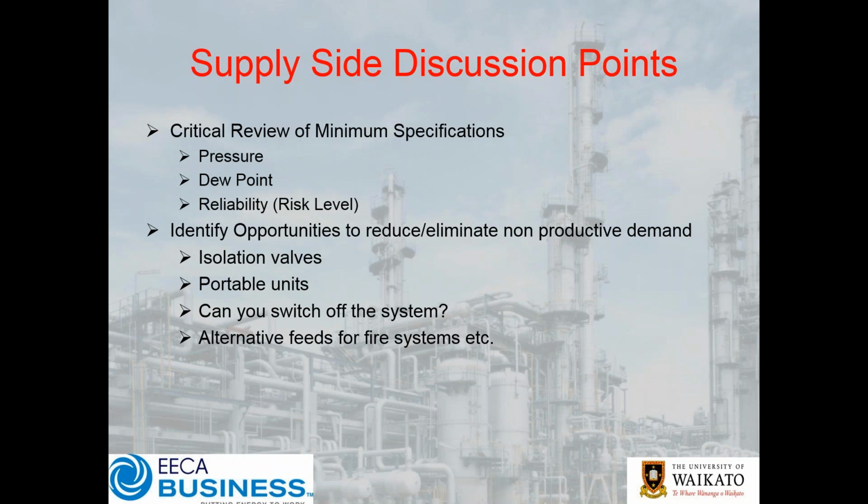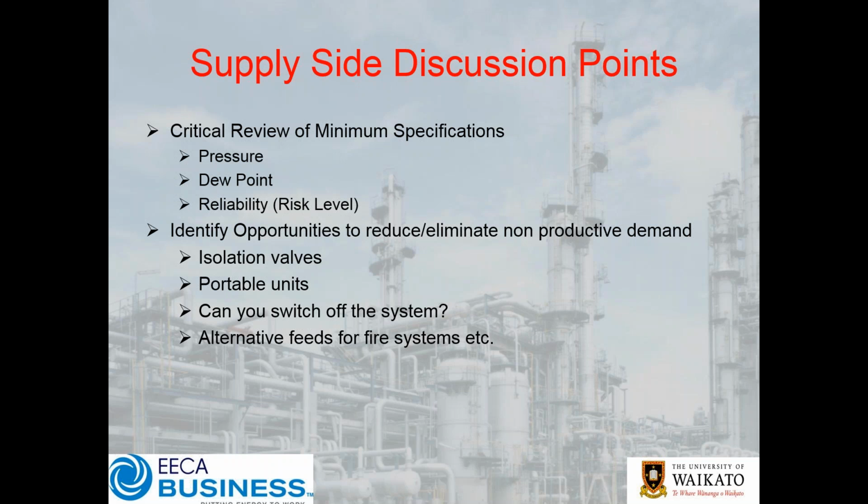What sort of reliability or risk level are you prepared to tolerate? Do you need to have complete redundancy, or if you've got two machines that are running, are you happy to have just one backup machine and plan and hope that not both machines are going to go down together? Okay, so identify opportunities to reduce or eliminate non-productive demand.